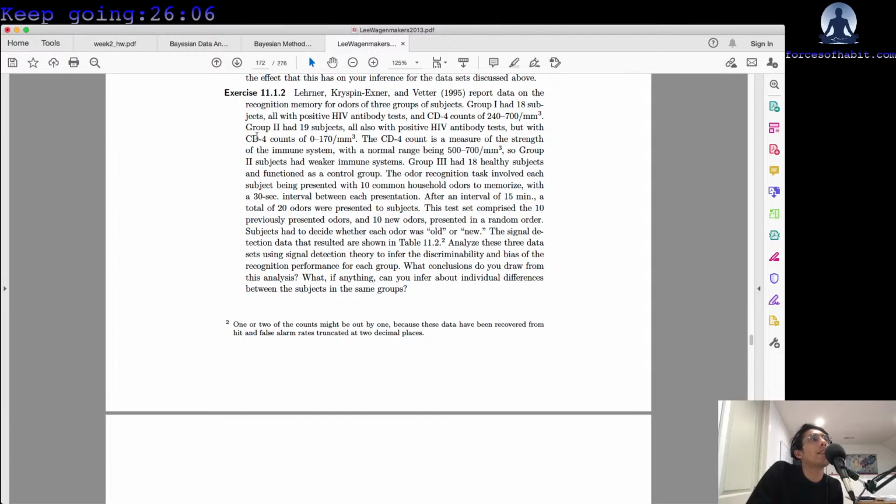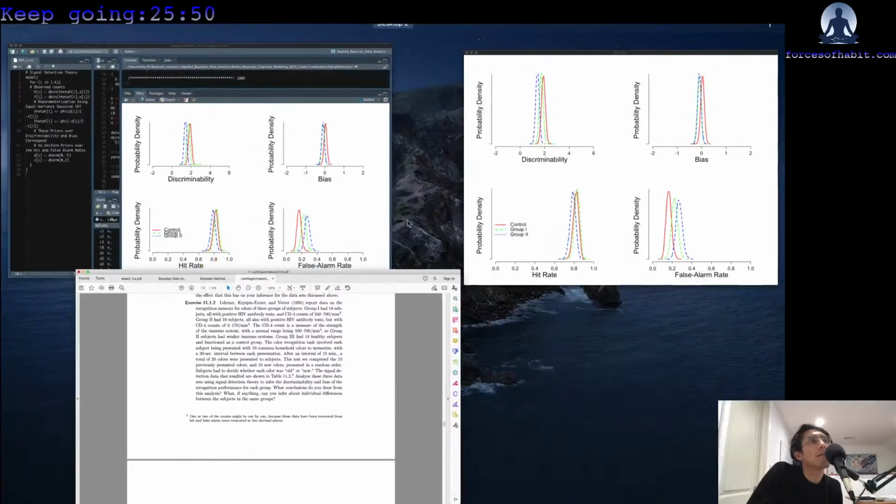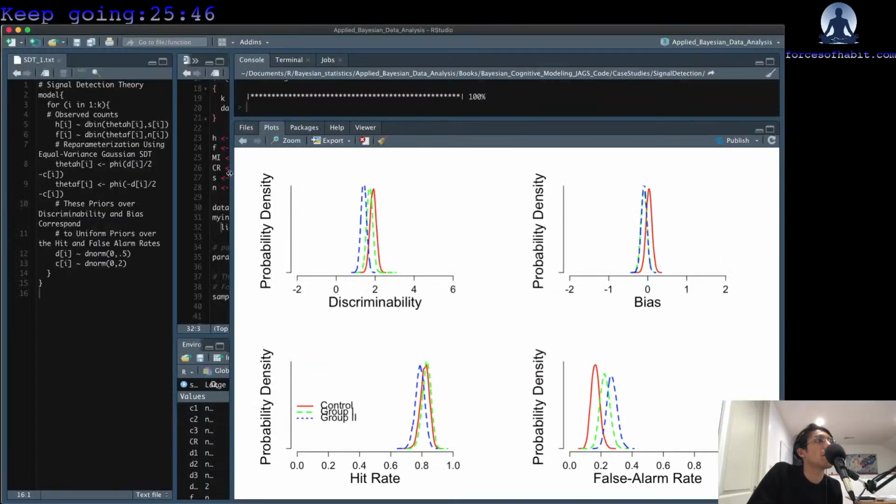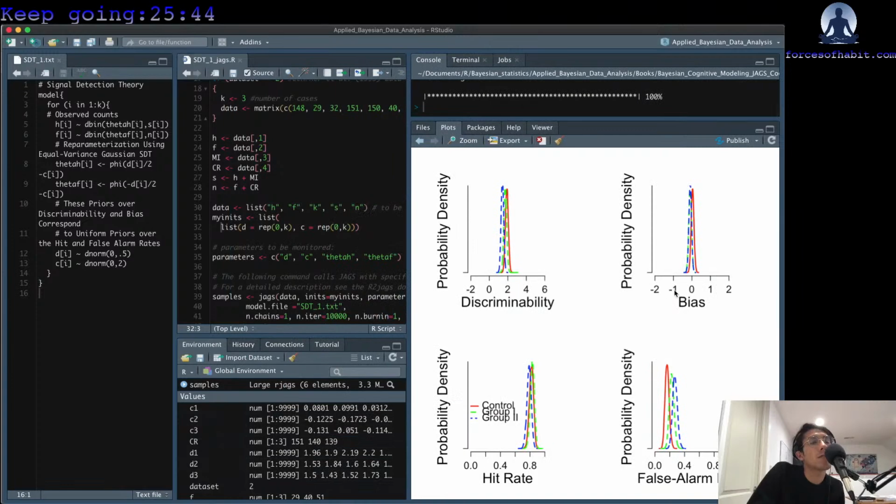But in this case, because they talk about cell counts, we're going to presume that the variability in performance across the groups is due to these cell counts. Like I said, there's a lot of unobservables here in terms of additional covariates, but.